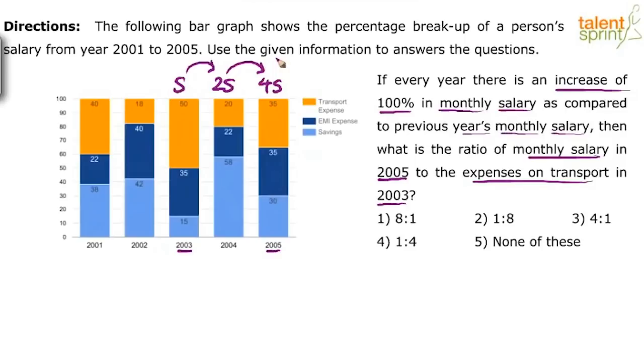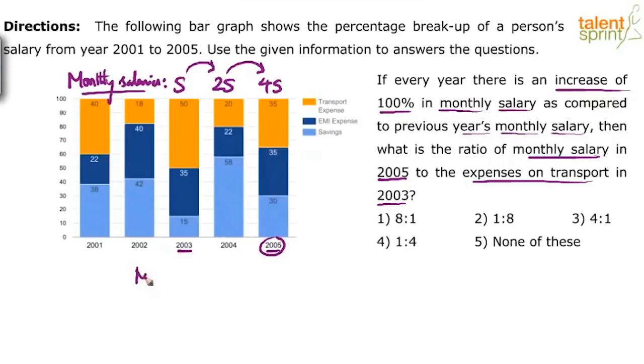Now, we are assuming that these are monthly salaries, by the way. S is the monthly salary, let's assume. Right? Monthly salaries. S, 2S, 4S. Now, ratio of monthly salary in 2005. What is the monthly salary in 2005? Monthly salary in 2005 is 4S.